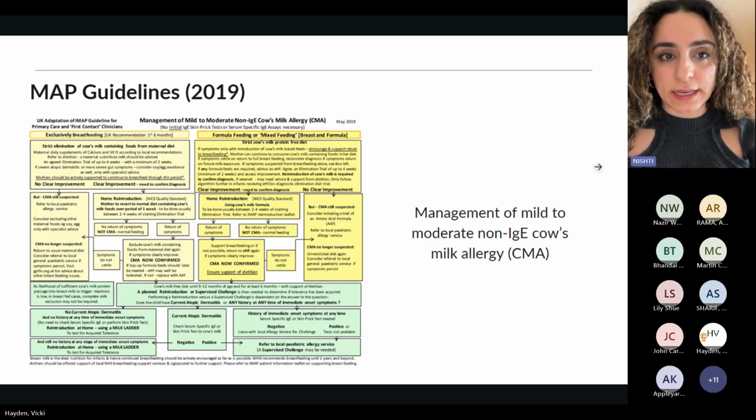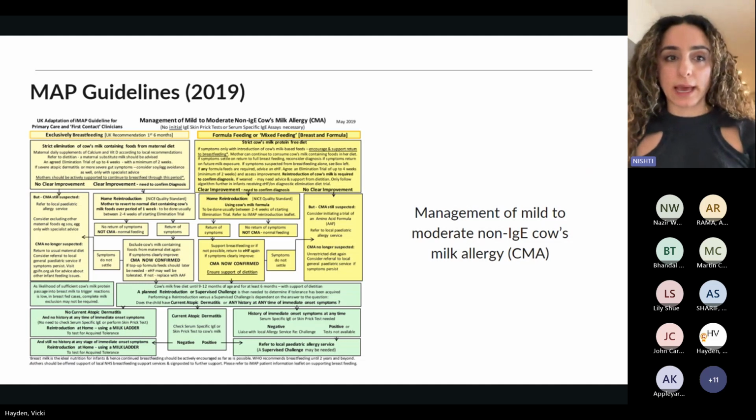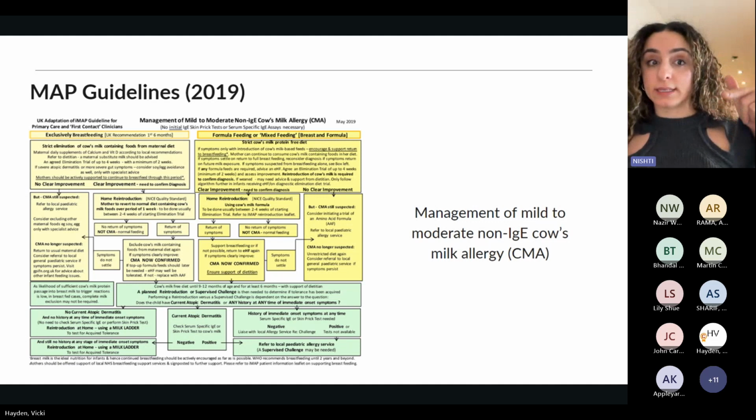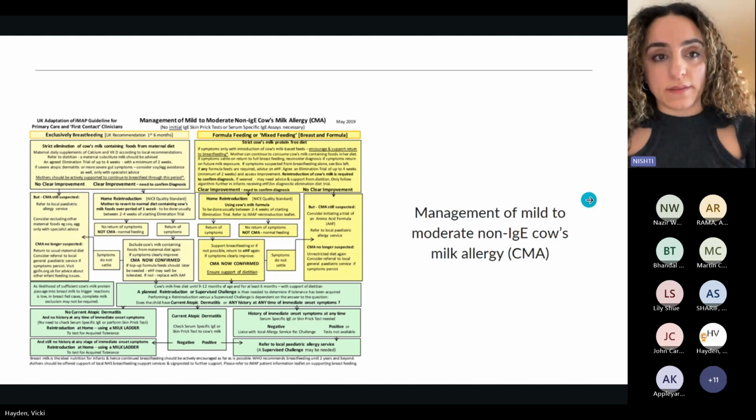Because this slide here shows you the management of mild to moderate non-IgE cow's milk allergy in primary care. And it's very comprehensive and it has been updated lately, well, 2019 now. So these materials are all available online, and particularly on the next slide, next slide, please, Vicky.